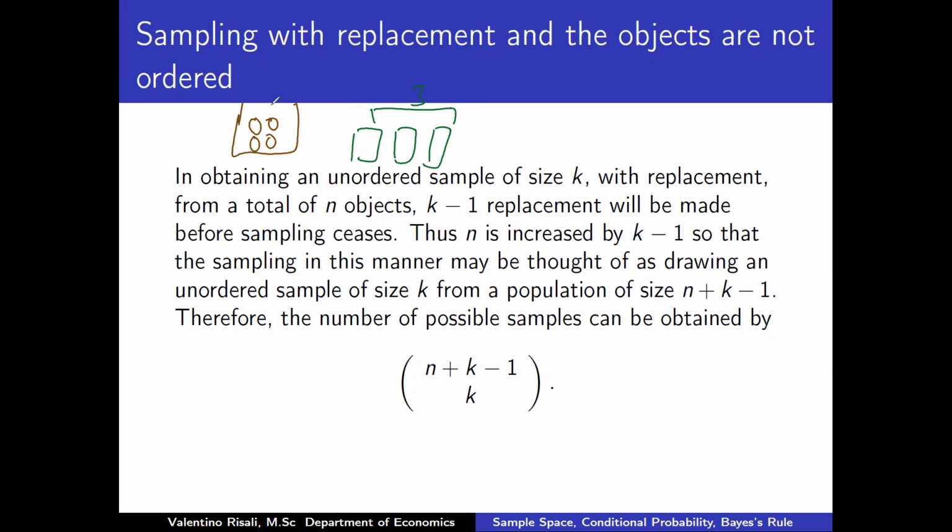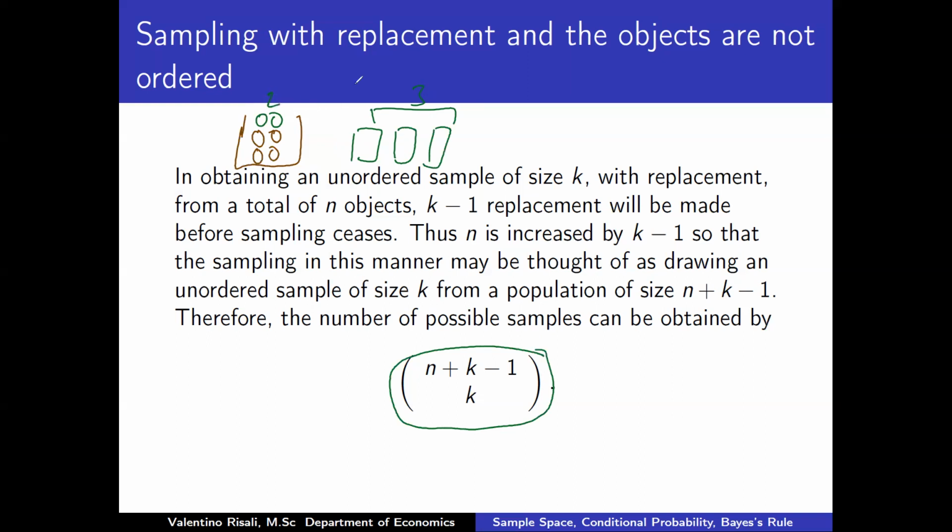So actually, the whole set of objects consists of 6 elements, and then we pick 3 of them without caring about the order. So in this case, it is equivalent to the combination of this.